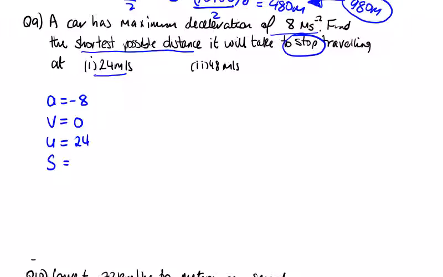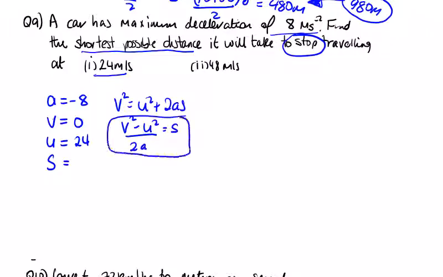So s, u, v, and a. That leads us to v squared is equal to u squared plus 2as. Now you could simplify this down, manipulation of formula: v squared minus u squared divided by 2a is equal to s if you wanted, but I don't have a tendency to do this.